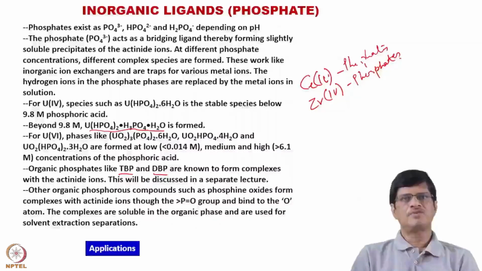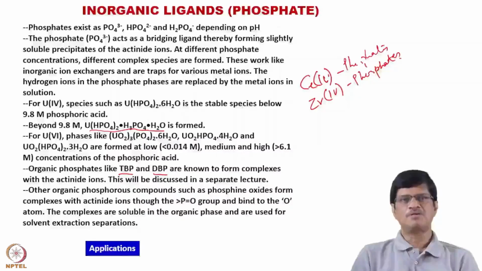Now other organic phosphorus compounds such as phosphine oxides form complexes with actinide ions through the phosphoryl group and bind to the uranium atom. So the complexes are soluble in the organic phase, and that is how the metal ion extraction is done from a variety of mediums.